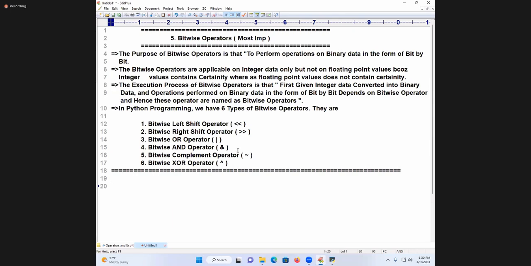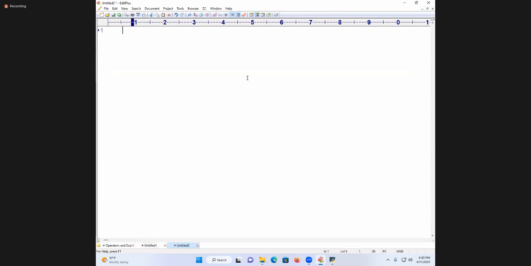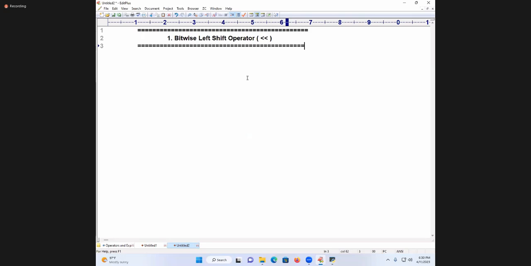Shall we start? Now I am going to talk about the bitwise left shift operator. I will explain it separately, students, and not one line only like earlier, because I give more preference to this first.